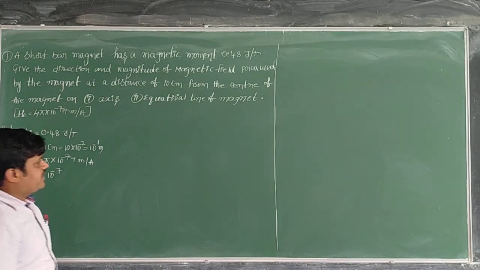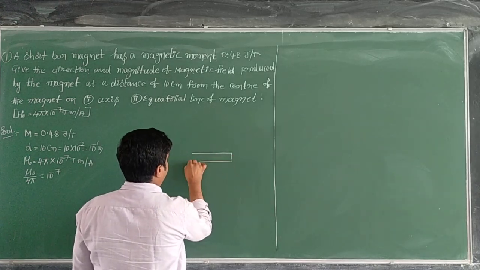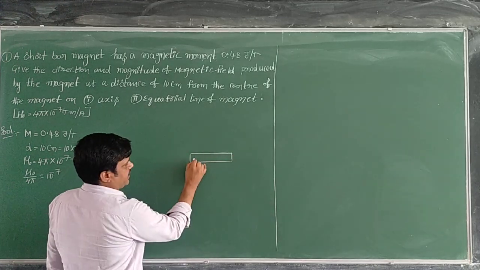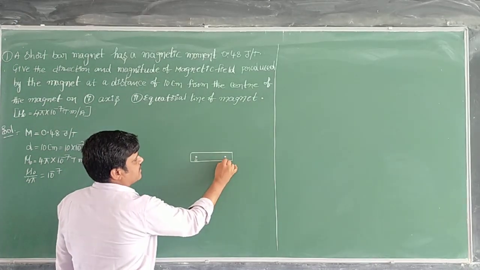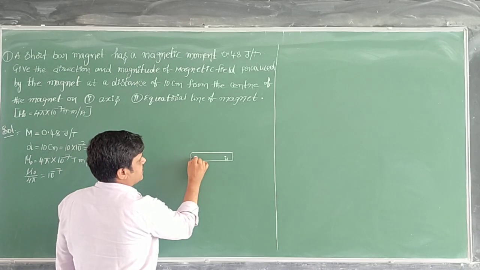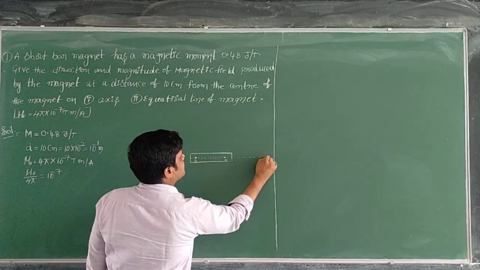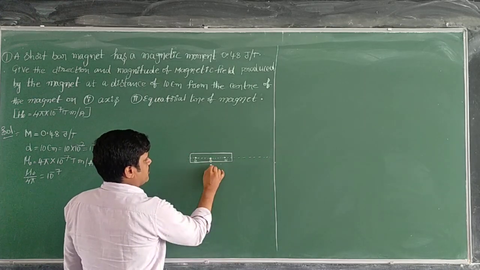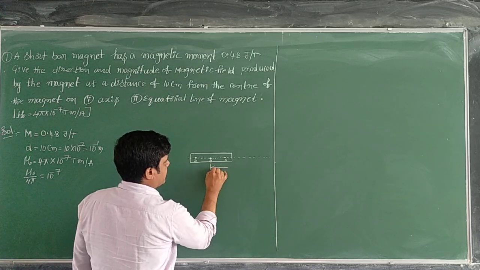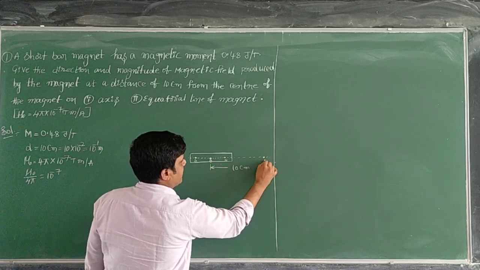Just to see, this is nothing but a bar magnet. This is the south pole and this one is the north pole. This is the axial line. This is the center of the bar magnet. From this center, at a distance of 10 centimeters, consider a point.